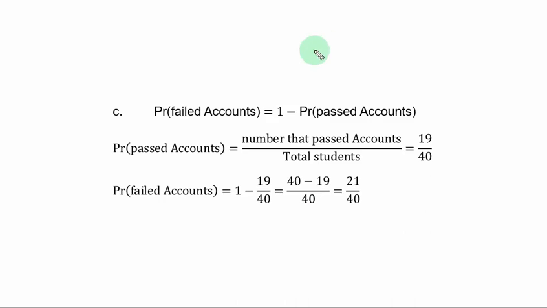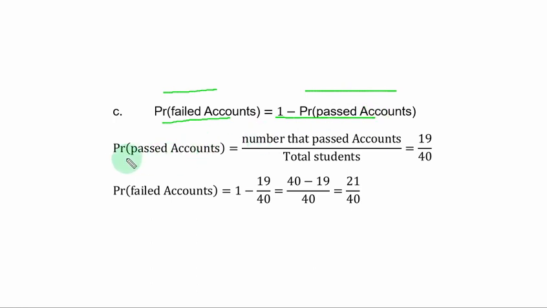C part of the question, you should find the probability that a student picked at random failed accounts. Now, those that failed accounts plus those that passed accounts is equal to 1 or 100%. So, if you make those that failed the subject, it becomes 1 minus the probability of those that pass accounts.